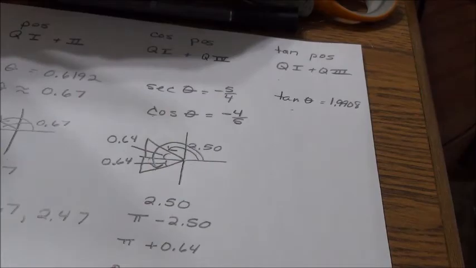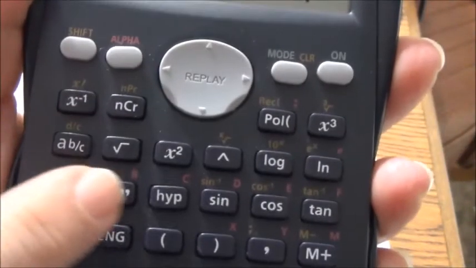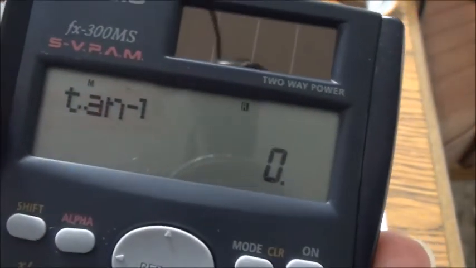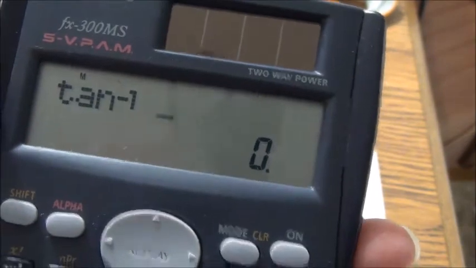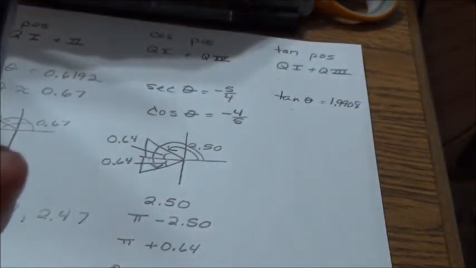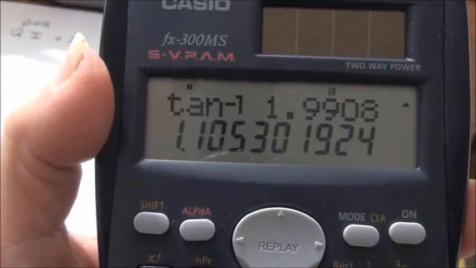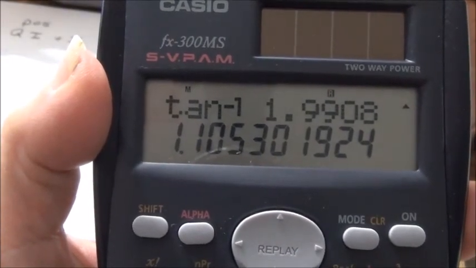If I grab my regular calculator, I'm going to hit shift and then the tangent button. And so I have inverse tangent, and then I can just put in my 1.9908. And I get 1.105. 1.105 would round off to 1.11.